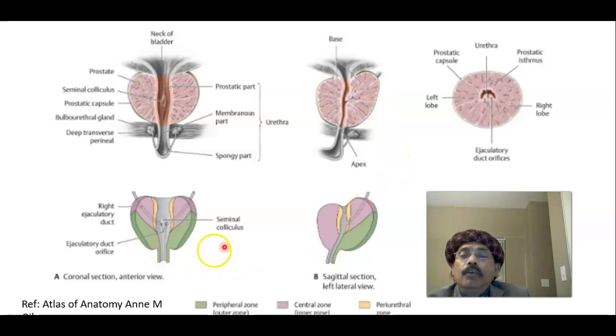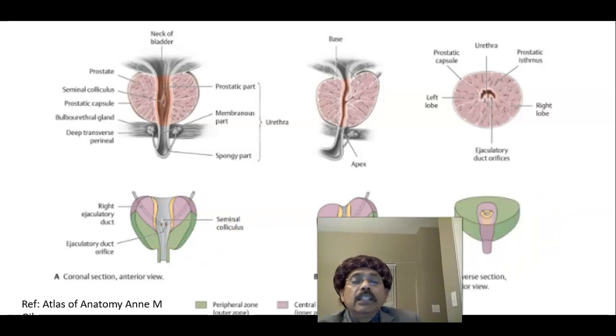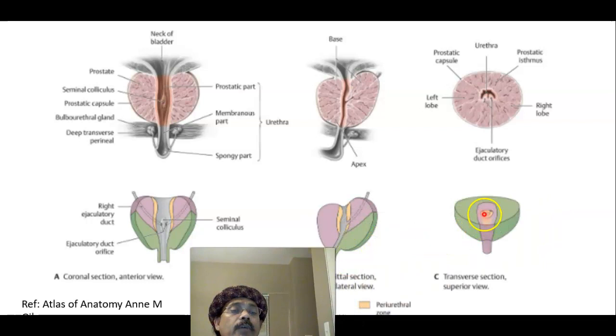If you look at the glands, we have an arrangement of glands in this way. We have the periurethral glands, the transitional or intermediate glands, and the peripheral glands.